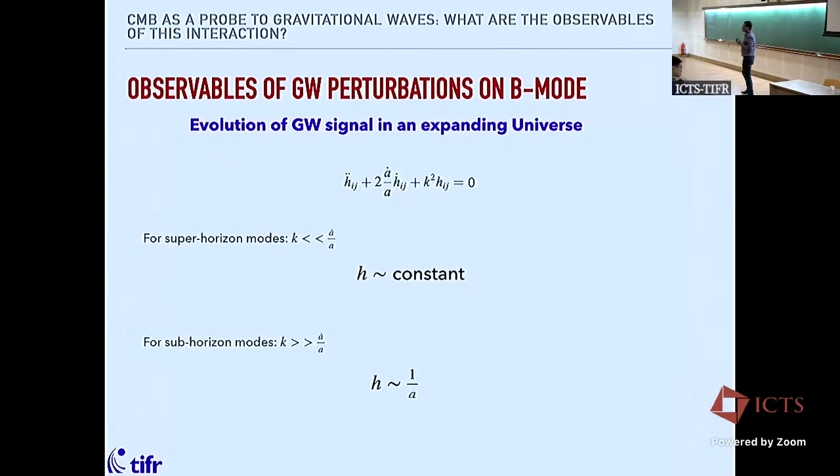What does it mean? As soon as they enter the horizon, I have different Fourier modes, right? Wavelengths of different sizes. If they are much larger than the horizon size back in the universe, those modes are not evolving much. They're typically constant. But when they come inside, they start decaying pretty much like radiation because they are propagating at the speed of light. So they start damping with 1 over a in the amplitude, and that's what you are seeing here.